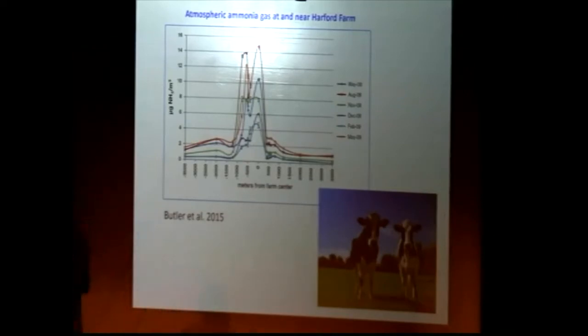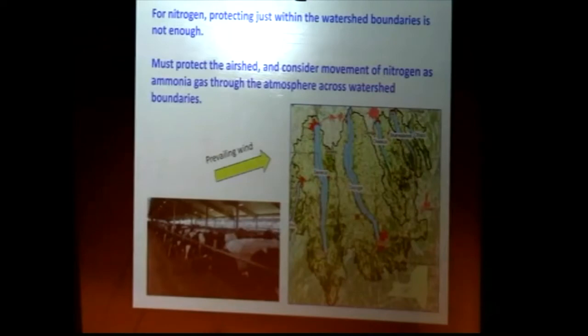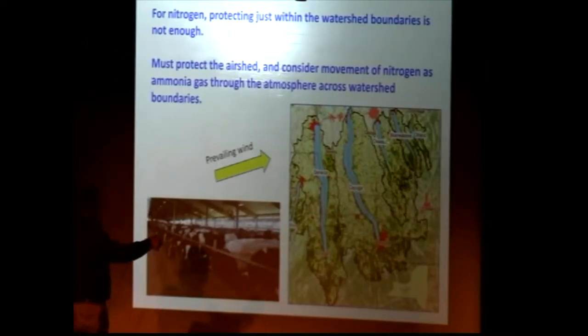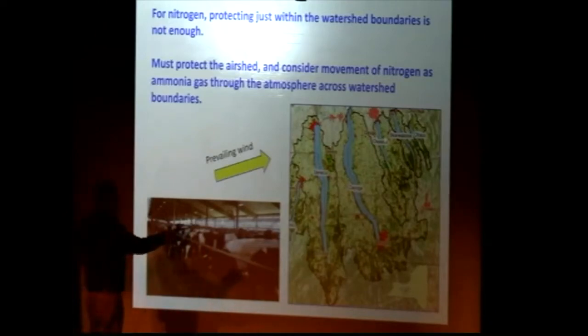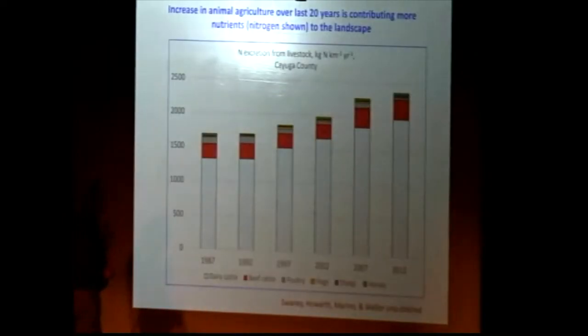And what that means is that you need to start thinking about protecting the airshed of a lake and not simply its watershed, because you could be pumping nitrogen from other watersheds into your watershed through this atmospheric transport. So here the prevailing winds are this way, and for Scandanalysis in particular, if you have animal agriculture in this way, it's going to influence Scandanalysis, and that's obvious, right?